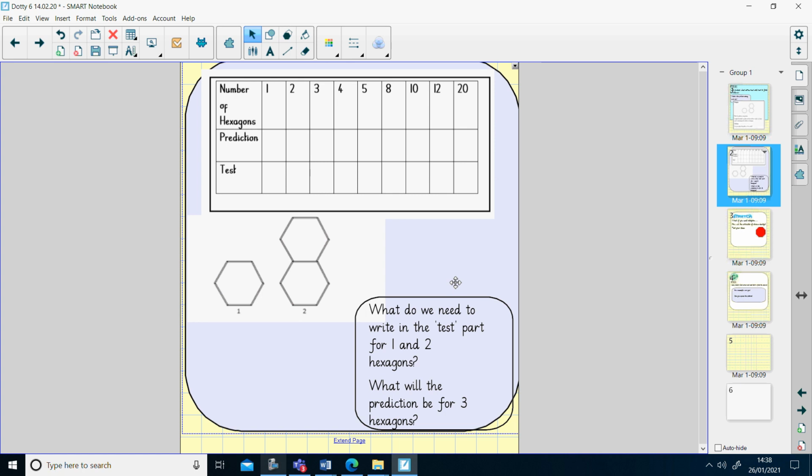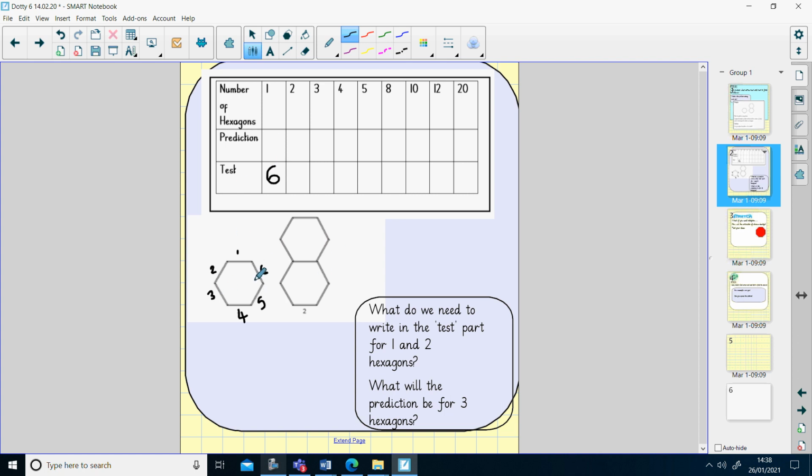So we can see from the picture that is on the screen that the number of straws needed for one hexagon is 6. Because the hexagon has 6 sides, we need 1 straw for each side. So 1, 2, 3, 4, 5, 6. Okay, so we haven't predicted it because it's here on the screen.